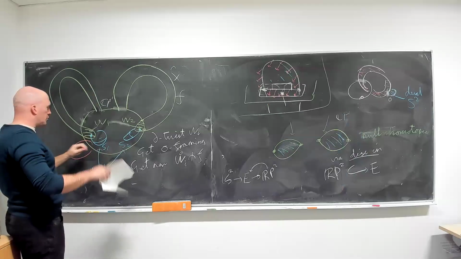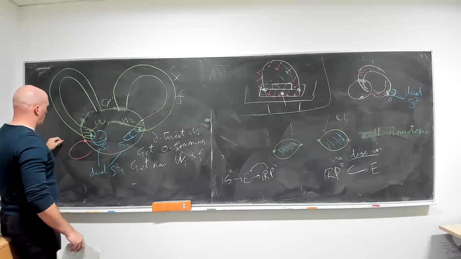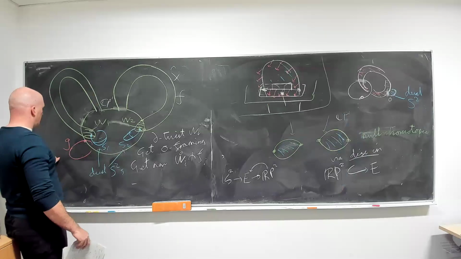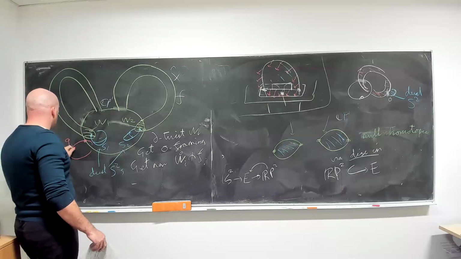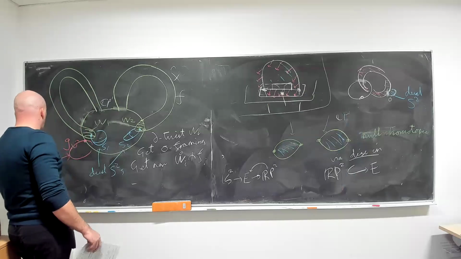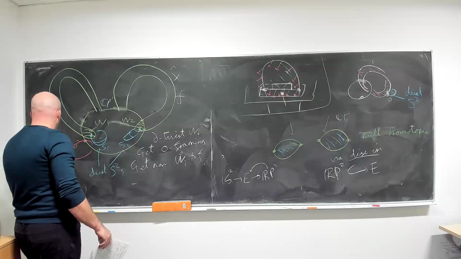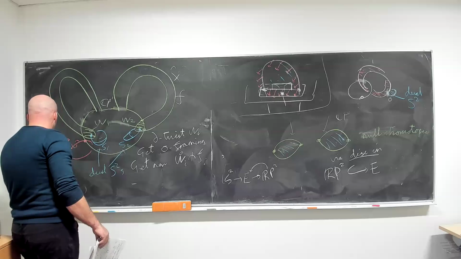You take the dual sphere and you push it off. So it also has a dual sphere, but it's a twisted dual. So it's embedded, but this is a twisted dual S2.